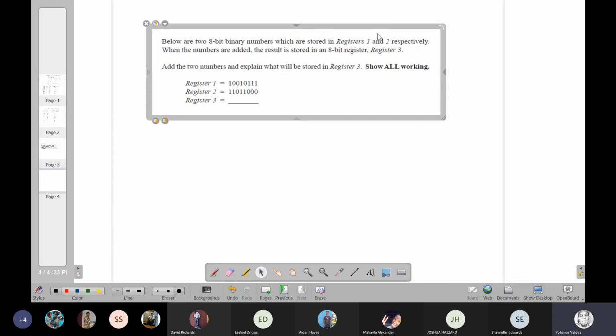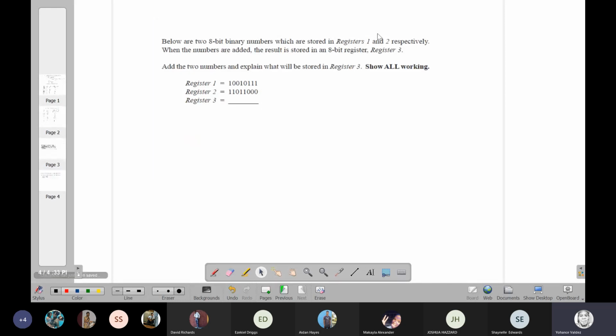When the numbers are added, the result is stored in an 8-bit register, register 3. So we have these, add the two numbers and explain what will be stored in register 3.